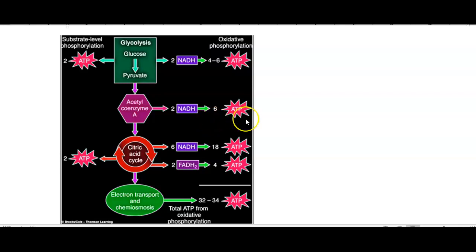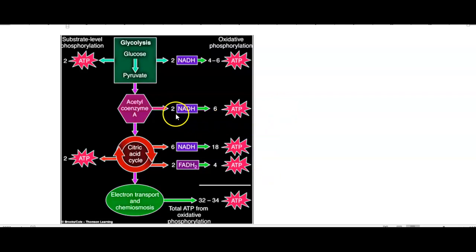Goes to the electron transfer system. Makes 6 ATPs. Citric acid cycle, also known as the Krebs cycle, makes 2 ATPs through substrate phosphorylation. It makes a lot of electron carriers. 6 NADHs, 2 FADH2s, 18 and 4. Now, let me point out something that might be helpful to you.